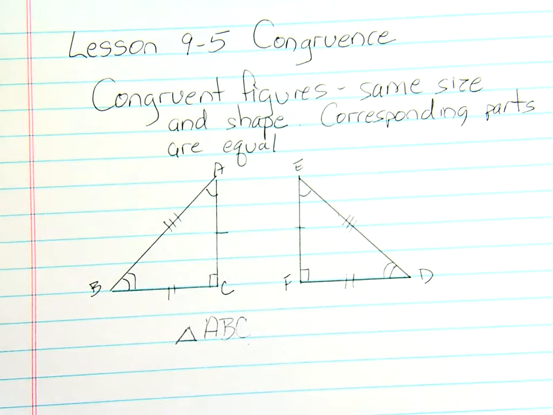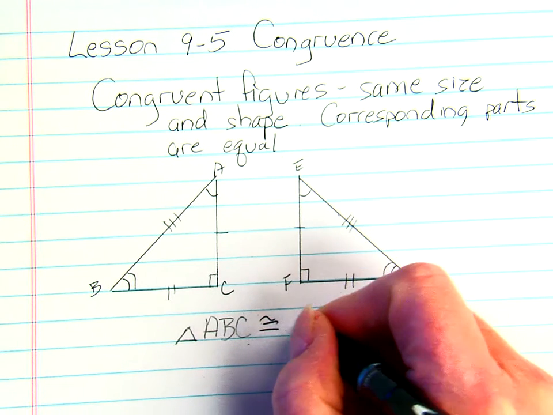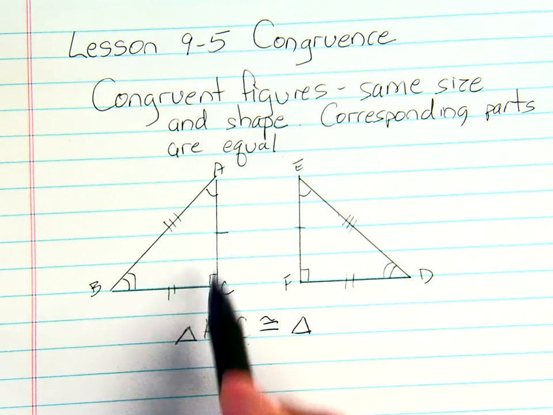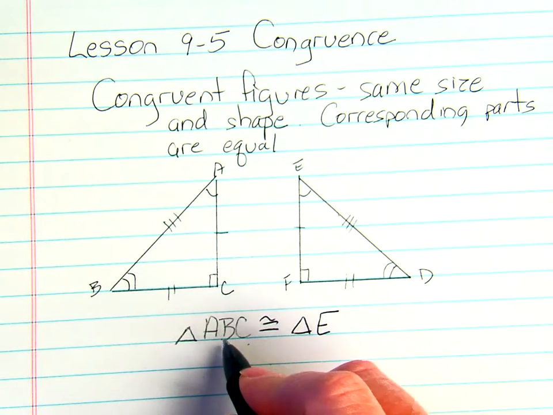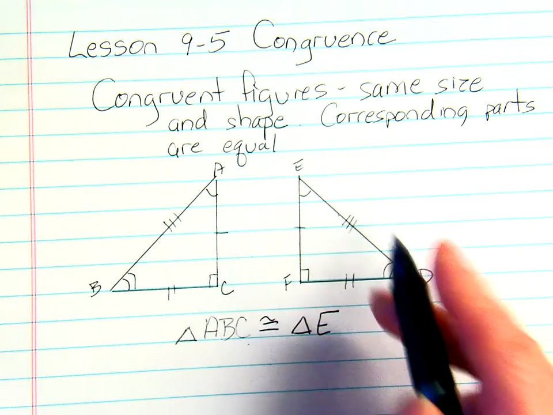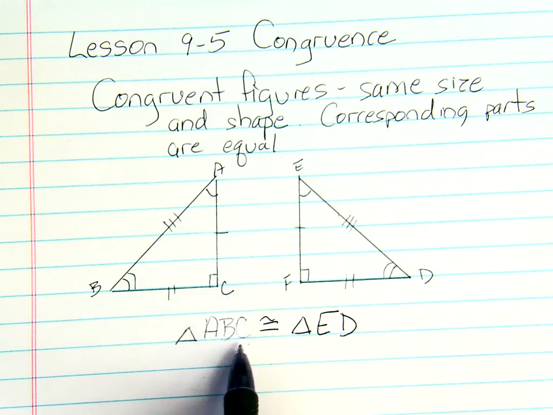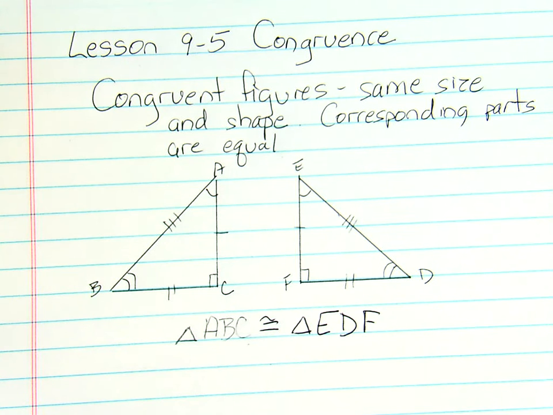And I will come back and I will say that it is congruent to triangle. Now, if I start with A, then I have to start with E. Okay, then I went to B, so then I go D, and then I finished off with C, so I will go to F. So triangle ABC is congruent to triangle EDF.